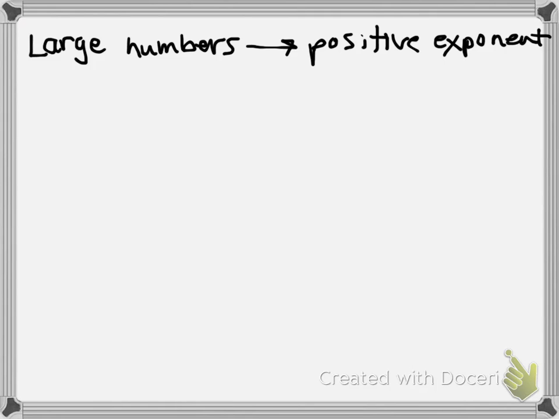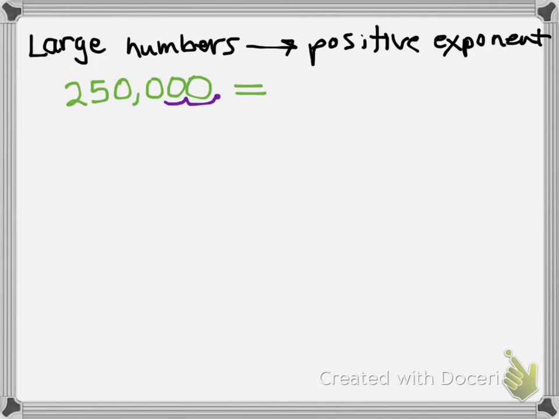So let's go back to that example that we had where we had 250,000 and we wanted to write it in scientific notation. So what I'm going to do is I'm going to take my decimal point, which when I don't see it, it just means it's after the ones, and I'm going to move it left until I have a number that's between 1 and 10.